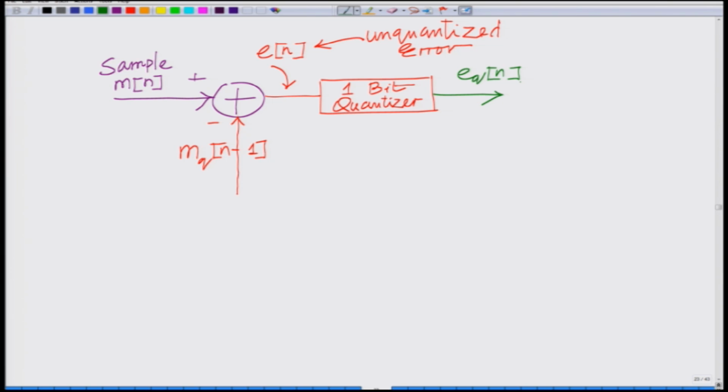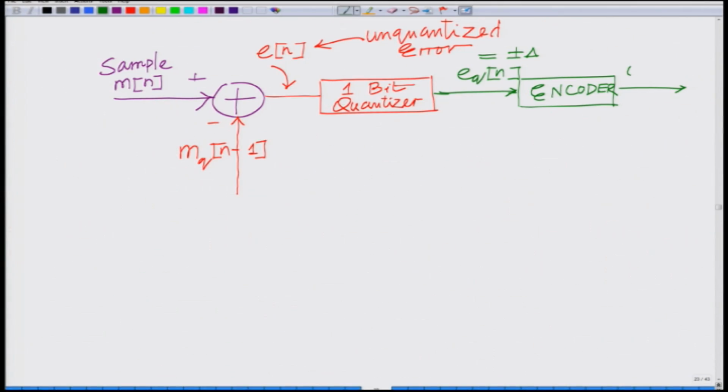Now this eq[n] equals plus or minus delta. This has to be encoded to obtain the information stream. Remember, encoding is the process where you map, for instance, plus delta to 0 and minus delta to 1. So you get an information bit stream of zeros and ones.